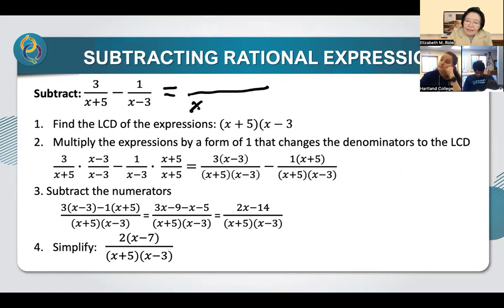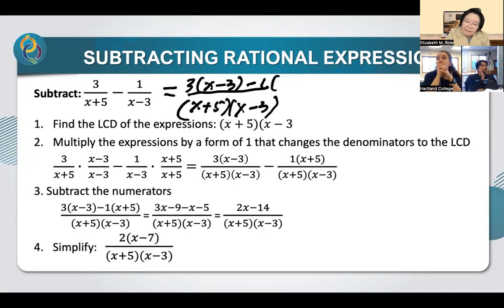Common denominator would be x plus 5 and x minus 3, right? So I multiply this one. It will now be 3 times x minus 3, minus 1 times x plus 5. This is a 1.